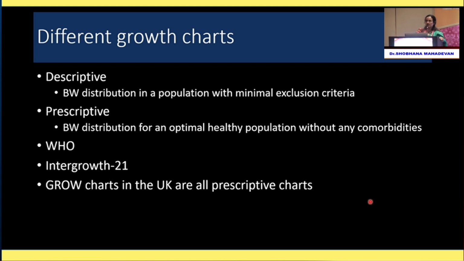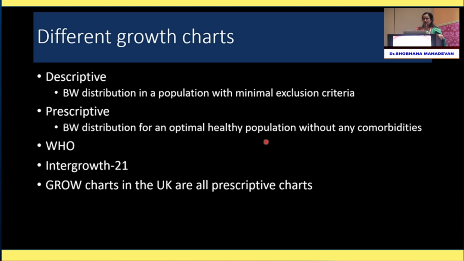Descriptive charts illustrate the distribution of birth weight in a population without excluding anybody, at least with very little exclusion. So people who are having multiple comorbidities, high BMI, malnourishment, everything is included in this chart. And prescriptive charts are one where the birth weight distribution is for an optimal healthy population, excluding most of the comorbidities that will influence the birth weight.